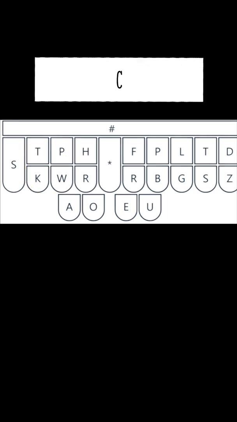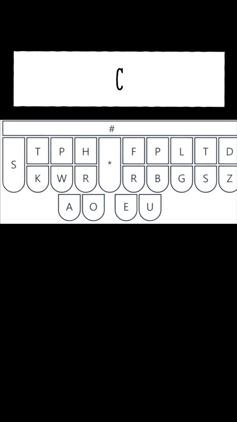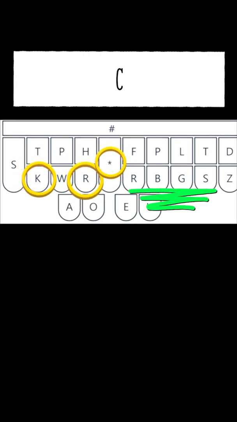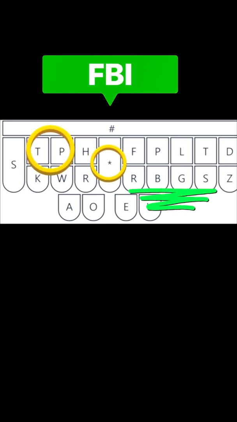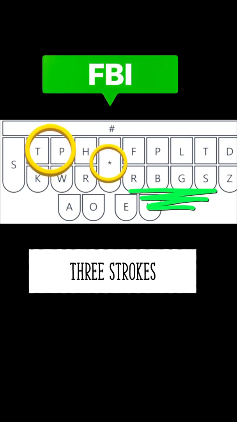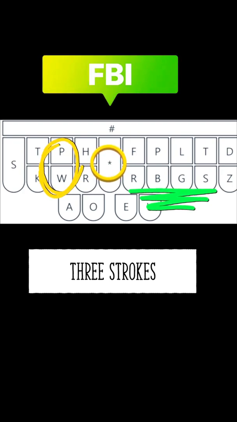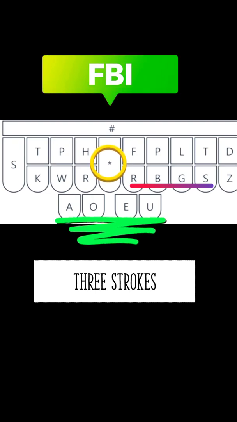So a capital C would be made by pressing KR asterisk RBGS. And FBI would be written in 3 strokes by pressing TP asterisk RBGS, then PW asterisk RBGS, and finally AOEU asterisk RBGS.